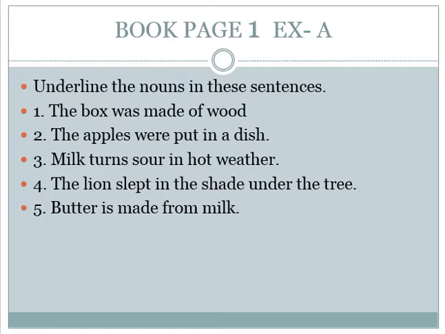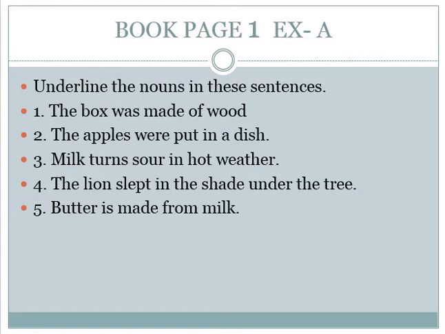Students, open up your junior English book now, page 1. Exercise A and hold your pencils in your hand. I will read the sentences and help you out to underline the nouns in it.